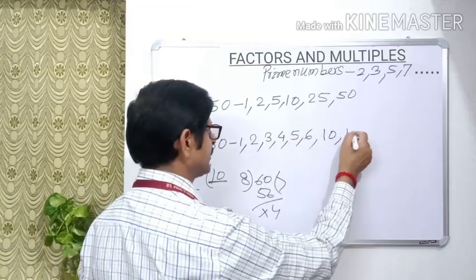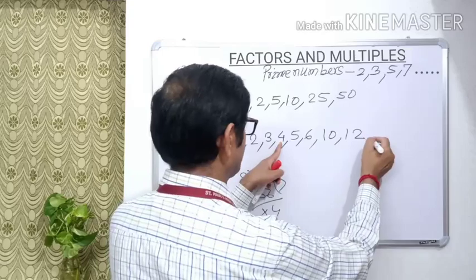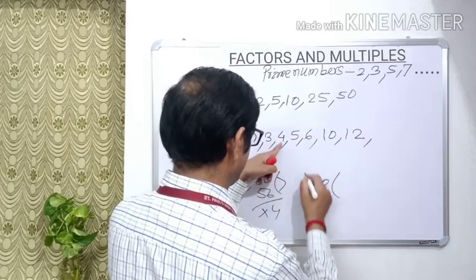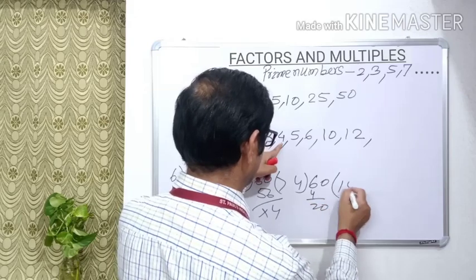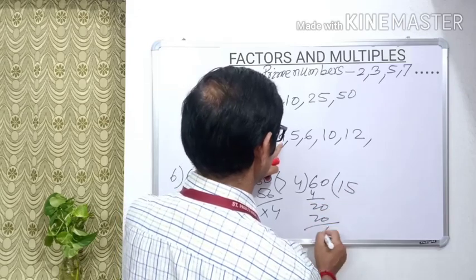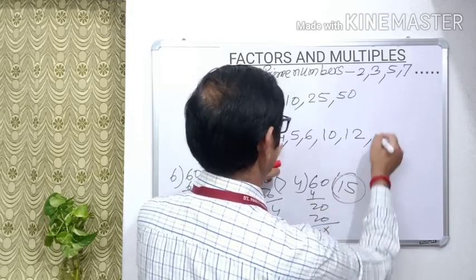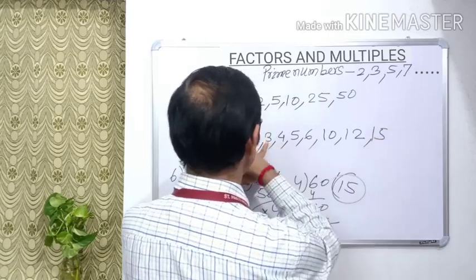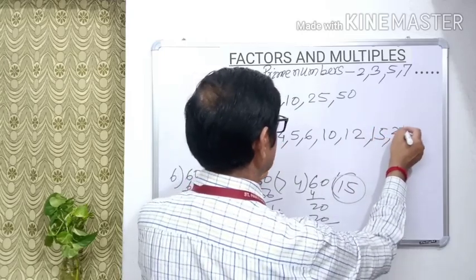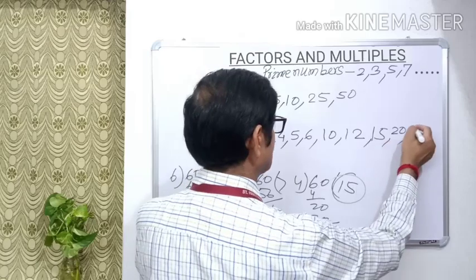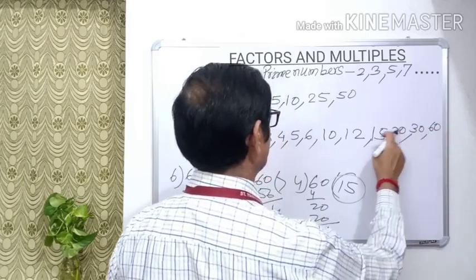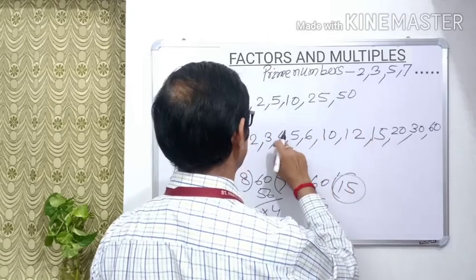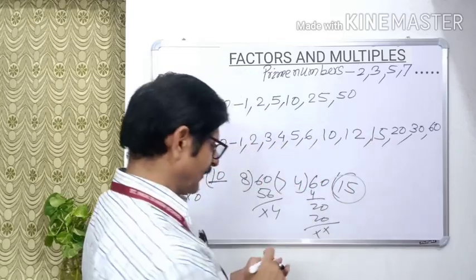12 5s are 60. By 4, 15. Divide 60 by 4. What I am doing is 4 1s are 4, 20, 4 5s are 20, and writing the quotient 15. Divide this number by 3 and what you get is 20. By 2, 30 and by 1, 60. See, 1, 2, 3, 4, 5, 6, 7, 8, 9, 10, 11, 12.